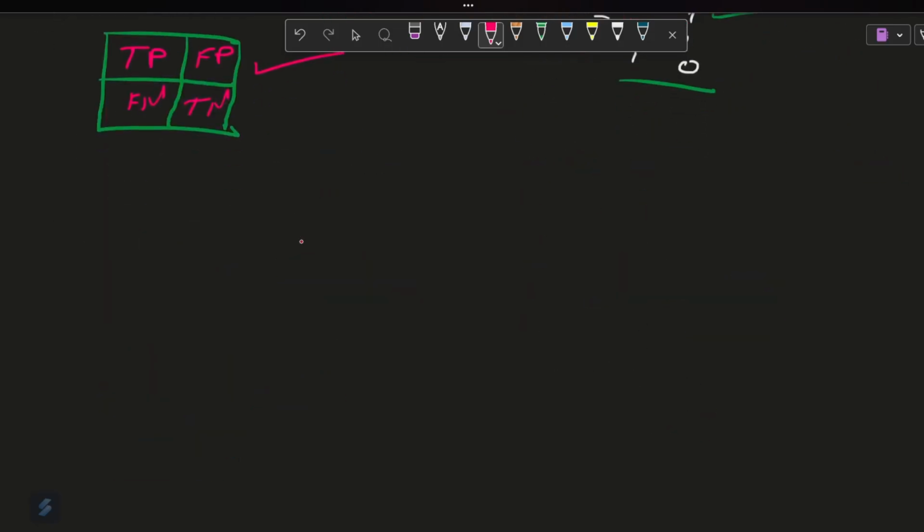Okay, so second, we are going with what is the accuracy. Accuracy is simply based on a formula.